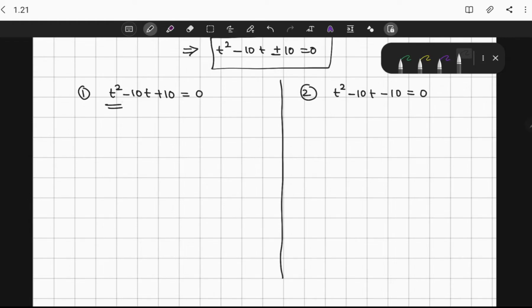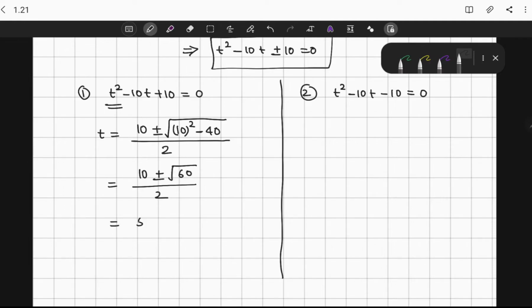If we solve for the value of t from here, we can write t is equal to minus b plus minus square root of b square minus 4ac, divided by 2a. Okay, so from here we will get 10 plus minus square root of 60, divided by 2. So we will get 5 plus minus root 15.